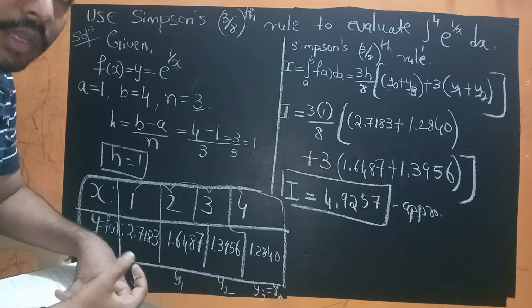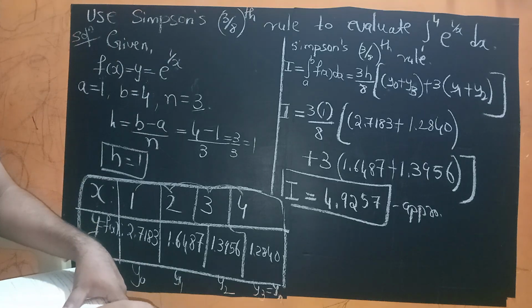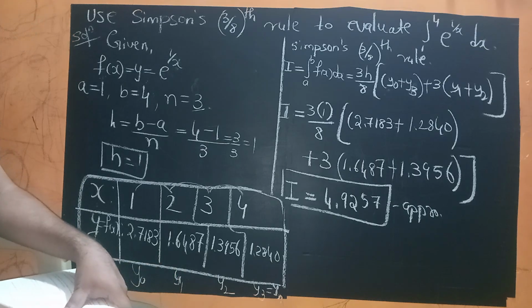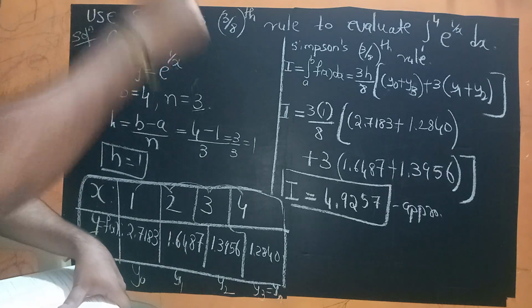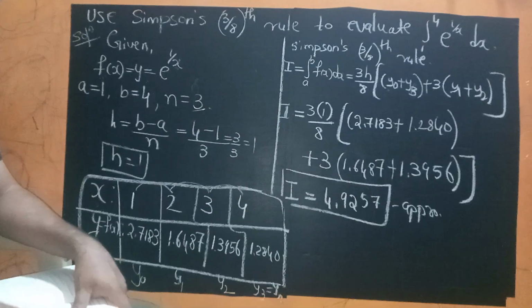Why is numerical integration important? This is the best example, because e power 1 by x cannot be integrated using an analytical technique. But using numerical technique, we evaluate such integrals within the limits and get an approximate answer.